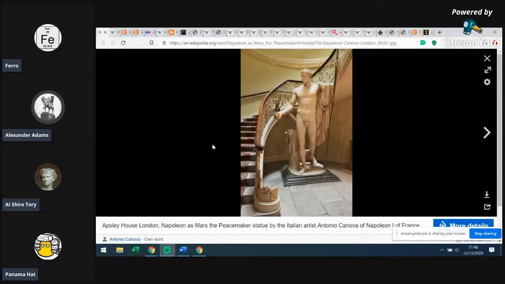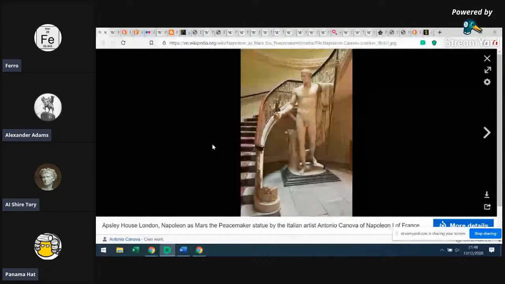So in Apsley House you can see an Italian sculpture by an Italian neoclassical artist depicting Napoleon Bonaparte completely nude. So for anyone who thinks that there are double standards for men and women, well, there are sometimes, but in this case, not at all. So here we have Napoleon as another heroic figure.